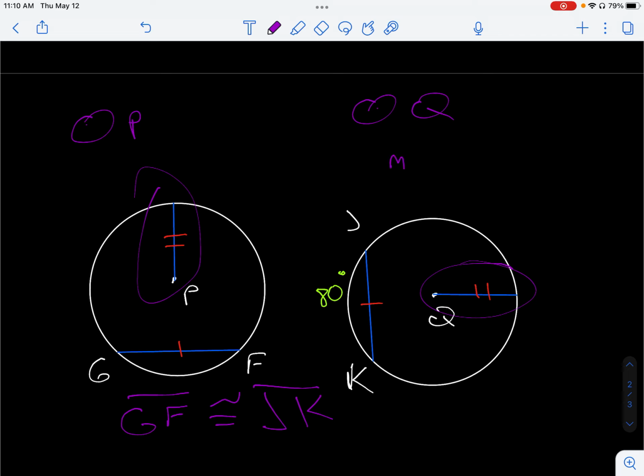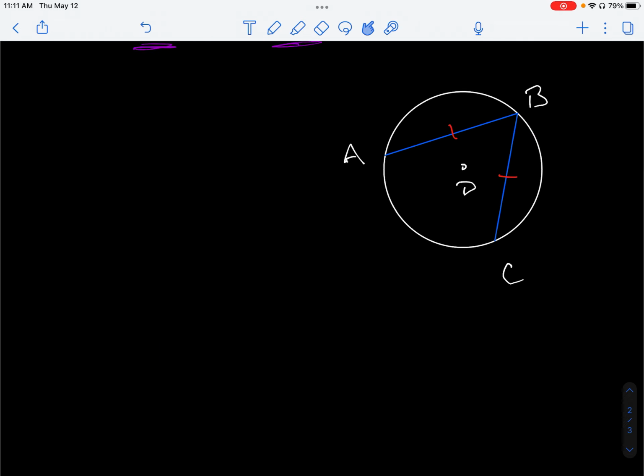And the measure of arc JK equals 80 degrees. And since GF is congruent to JK, the measure of arc GF is also going to equal 80 degrees. Because the circles are congruent, the chords are congruent, therefore the arcs are congruent.